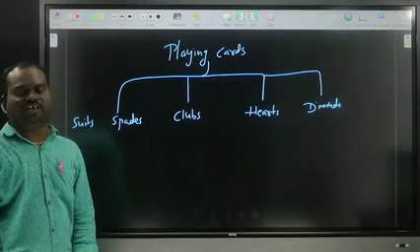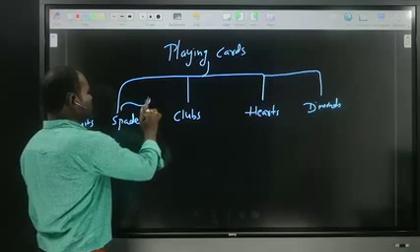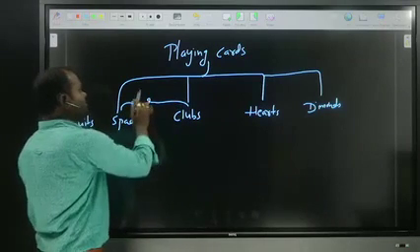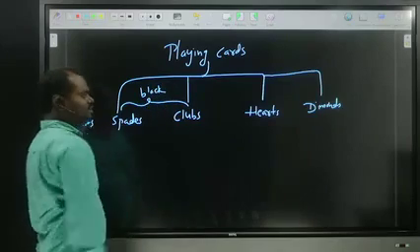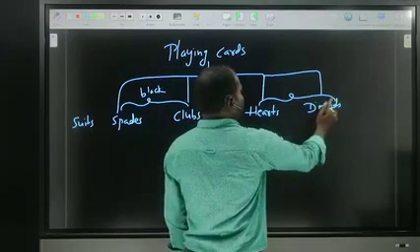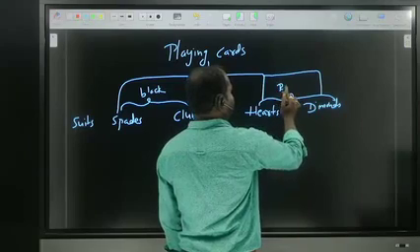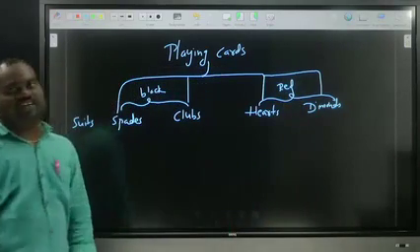The spades and clubs are black color. And hearts and diamonds are red color. Spades and clubs, black color. Hearts and diamonds, red color.